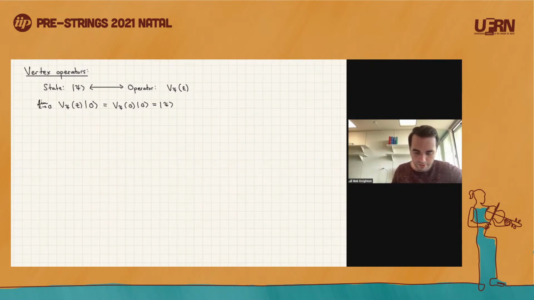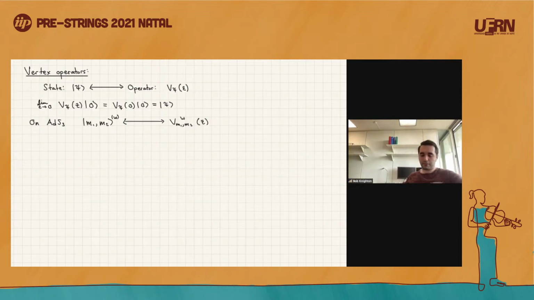So in our specific worldsheet example, on AdS3, the worldsheet theory has states which look like m1, m2, potentially spectrally flowed, which we talked about today. And dual to these states, there are going to be vertex operators which depend locally on the world sheet.